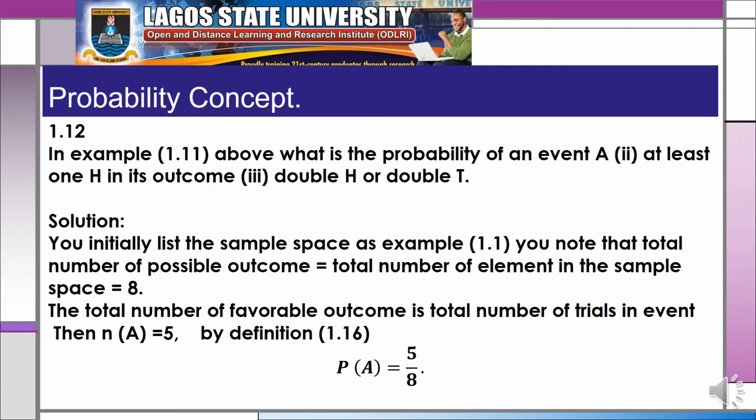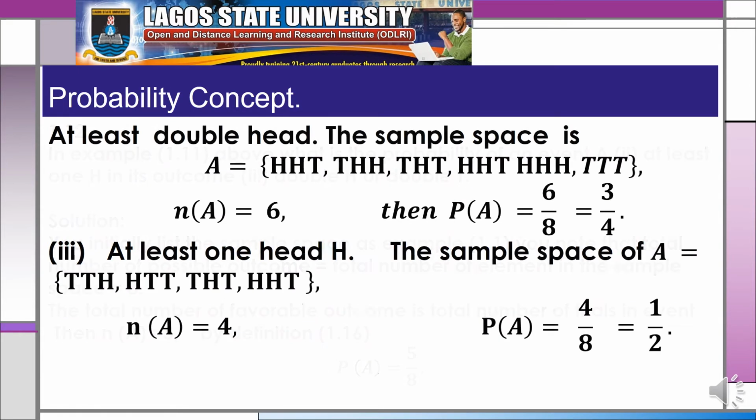What you need to do in this case is to list the sample space and know the number of points in the sample space. Then the probability of each event will be the number of events that occur divided by the total number of points in the sample space. For 1, n(A) is 5. By definition 1.16, we have P(A) will be 5 divided by 8.